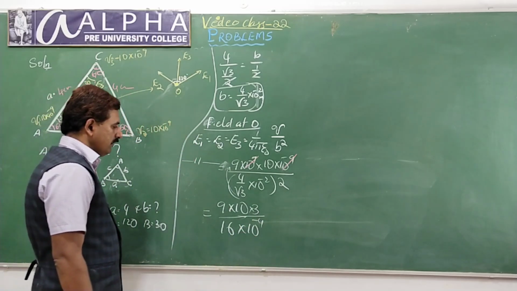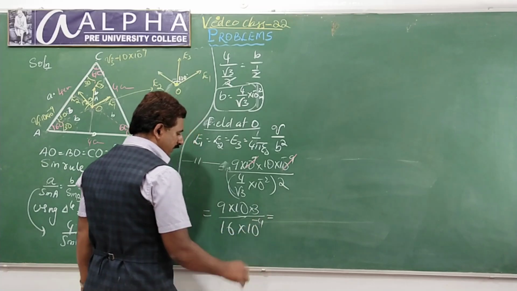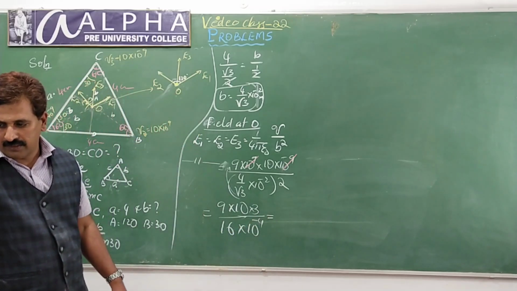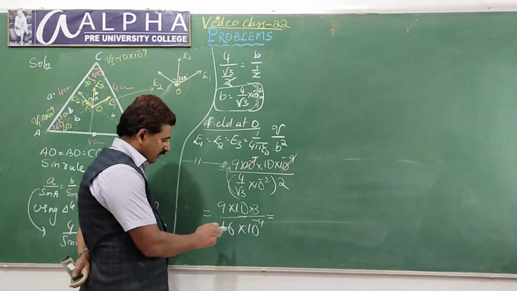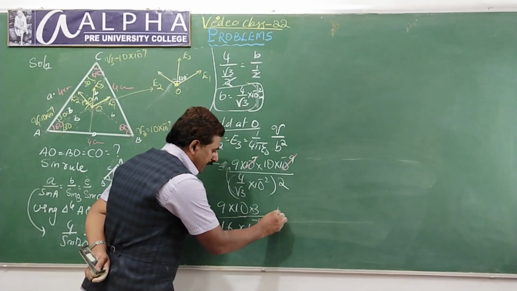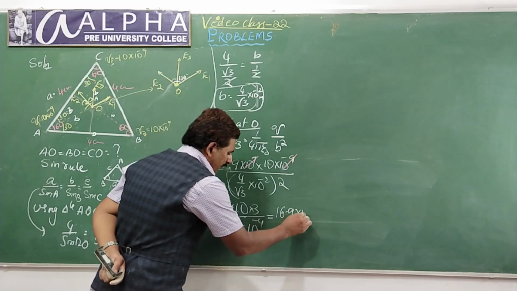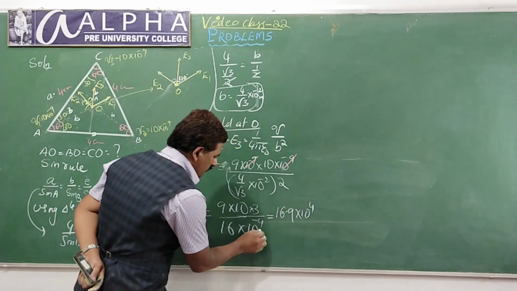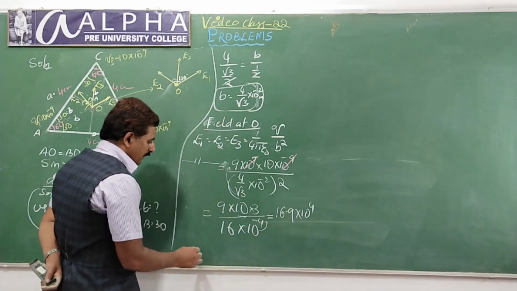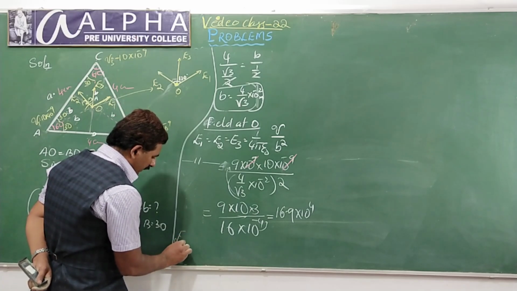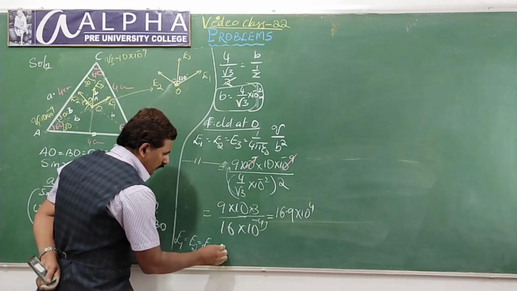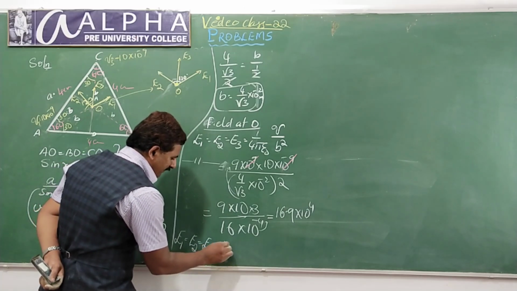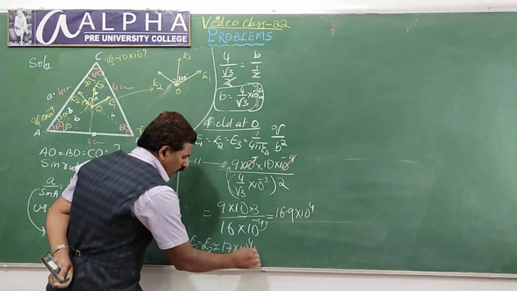Students, if you write the final value, how much do you get? This is 16.9, 10 to the power 4 plus 4. This comes to the numerator. Or E1 equals E2, that's equal to E3, will be nearly 17, 17 into 10 to the power 4 Newton per coulomb.